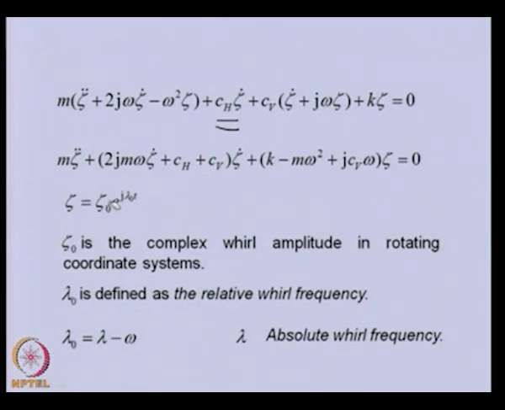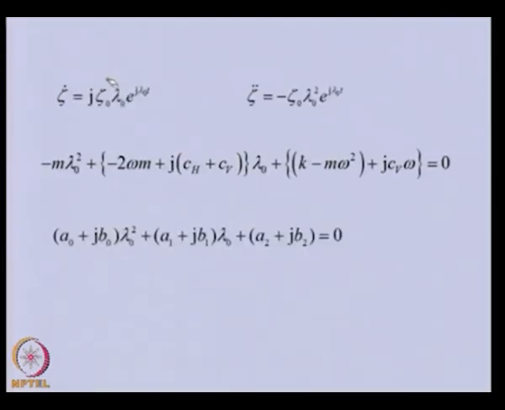So the assumed solution will be substituted in the equation of motion in the rotating coordinate system itself. For that we need the derivatives, zeta dot and zeta double dot. We substitute this in the equation of motion, and with that we will get a polynomial in lambda naught square. We can see this is a quadratic polynomial, and the form of this polynomial is slightly different as compared to the previous case of the fluid film bearing damping case.